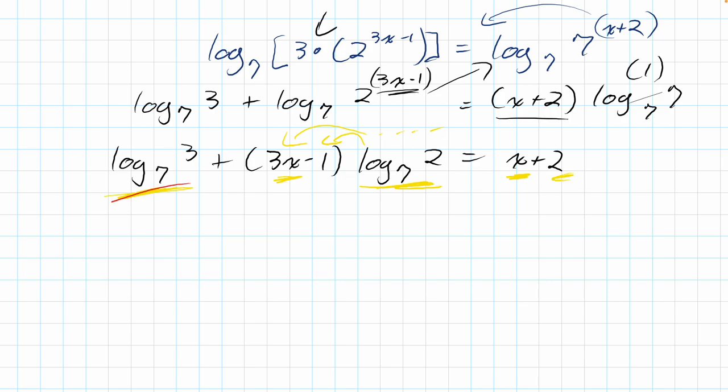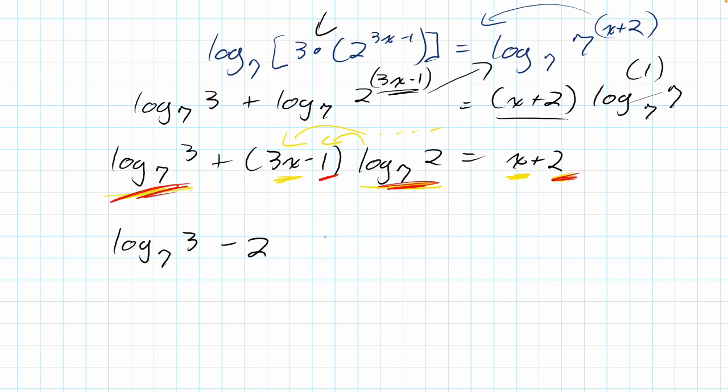Maybe I should do colors here. So that's a constant. That's a constant. That's a constant. This is a constant. And then the yellow will be our variables. Eventually what we want to do is get all our constants to one side. So I'm going to keep the log base 7 of 3 here. I'm going to bring over 2, which becomes a negative. We're going to distribute this part.